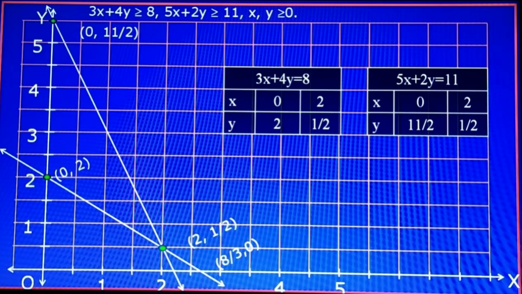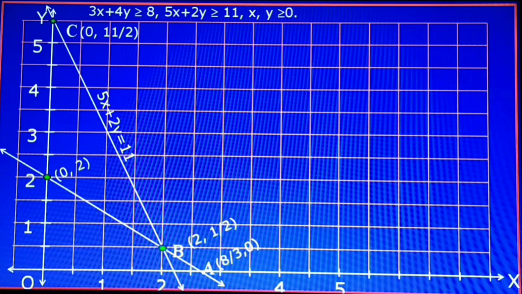So that is not the solution. So we are supposed to shade above the line.